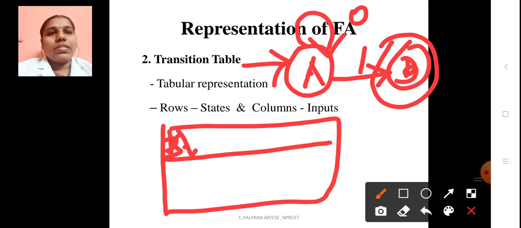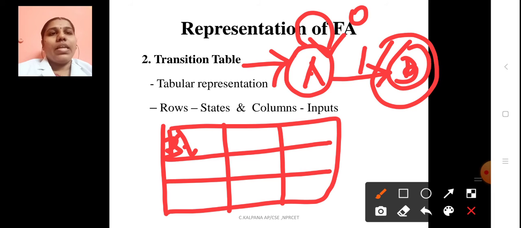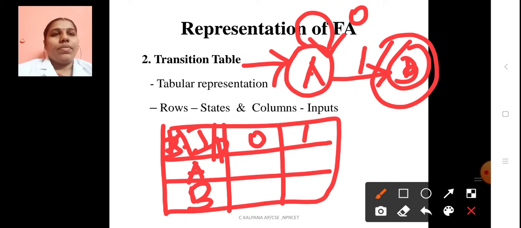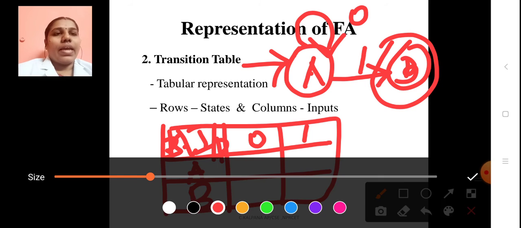Column represents inputs. Here the input is 0, 1. Here the states are A and B.